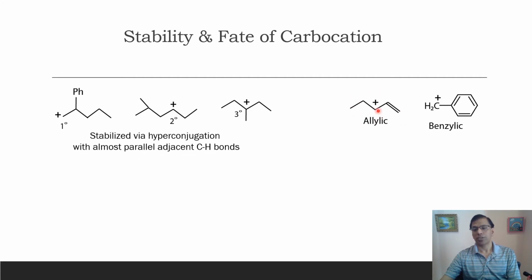The positive charge is next to a double bond, whereas in a benzylic cation, the positive charge is next to a benzene ring. To understand the stability of primary, secondary, and tertiary carbocations, we can think about hyperconjugation.